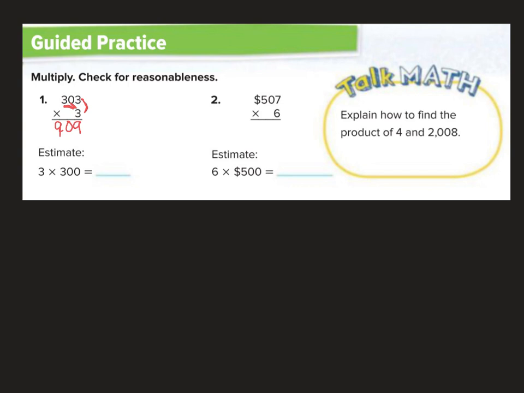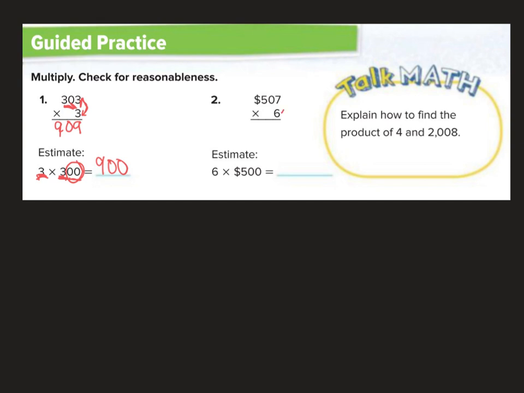For this one, I would estimate 3 times 300. Our goal is to keep one factor the same. So we're going to keep 3 the same, and then we're going to change 303 to 300. So I just have to multiply 3 times 3 is 9, 2 zeros. 3 times 300 is 900.